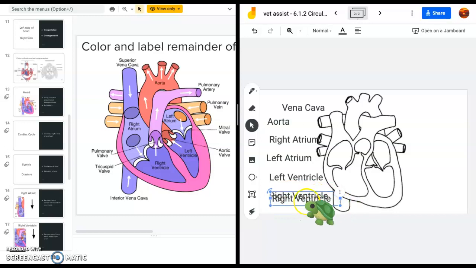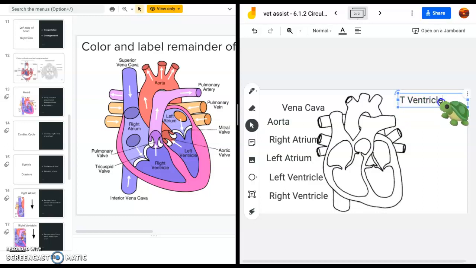I'm also going to need a tricuspid valve. So what I'm doing is I am just going to type what I need. Mitral valve.